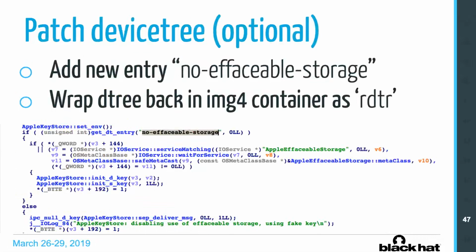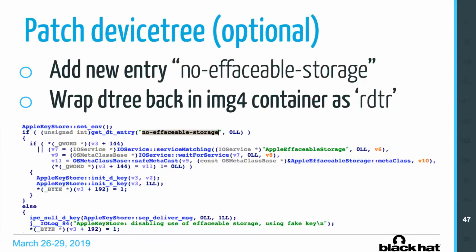Device tree, it's an optional patch that is required. So what we need to do is disable the fuseable storage. And the fuseable storage is a special place where the data protection keys are stored. And to prevent the collisions between the two systems, we need to disable the fuseable storage.